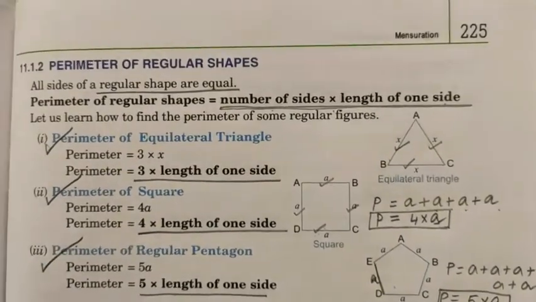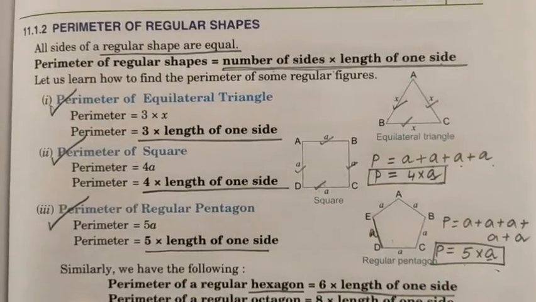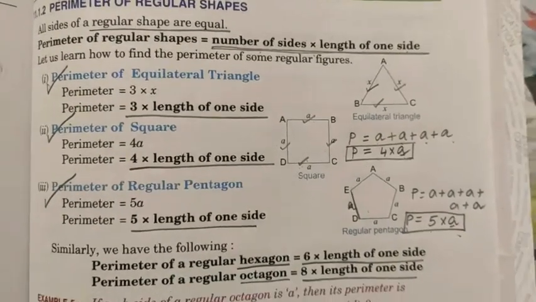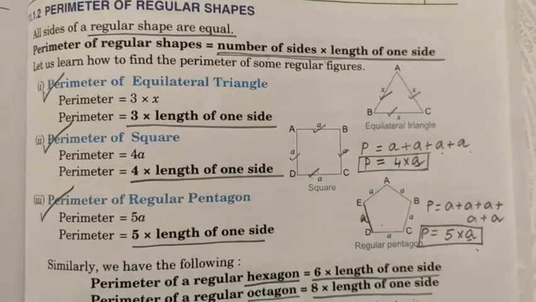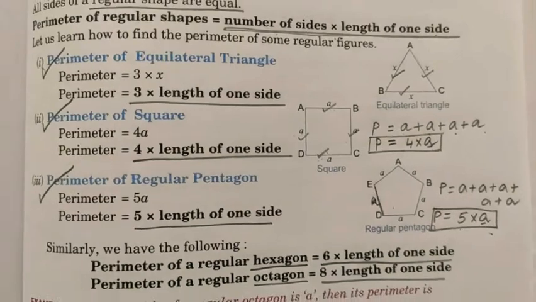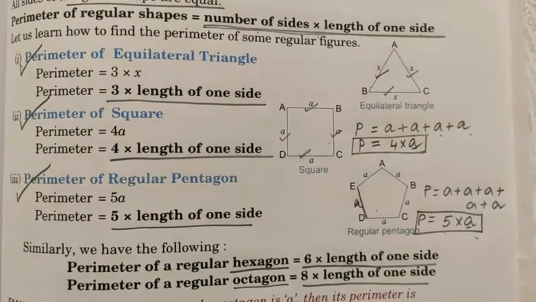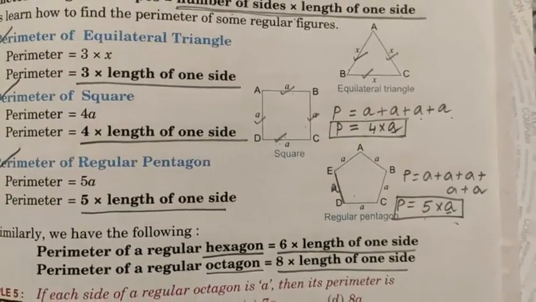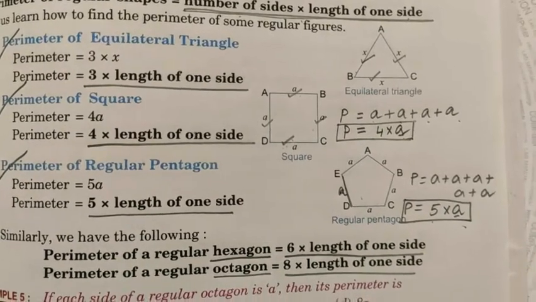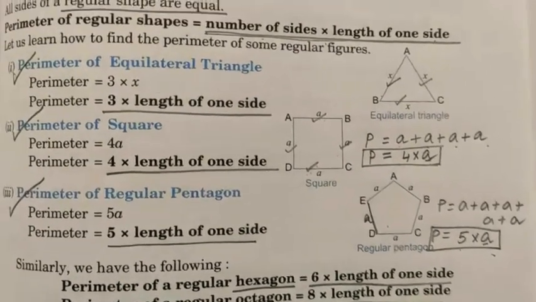How can we find the perimeter of regular shapes? The number of sides into the length of one side. The length of one side will be given to you, so you have to multiply it by the number of sides.